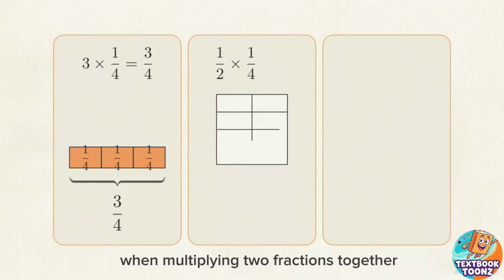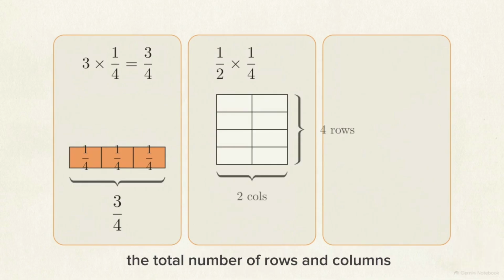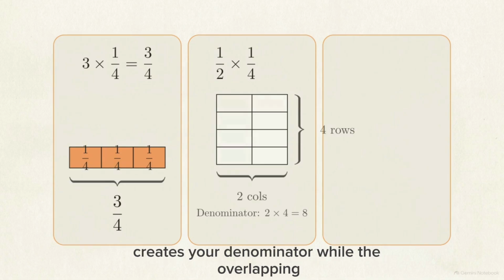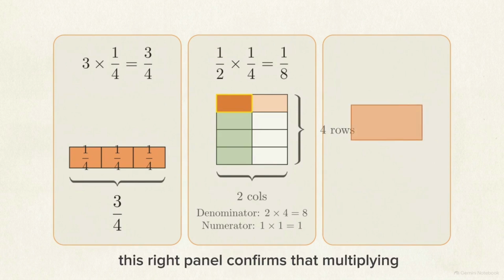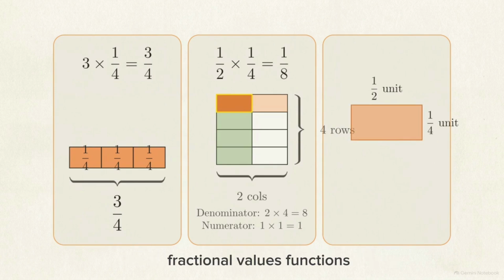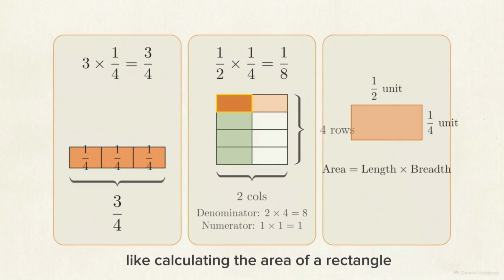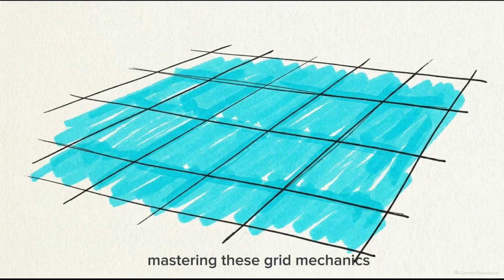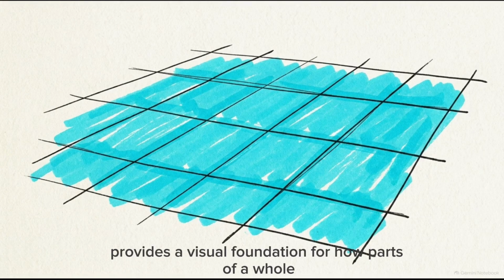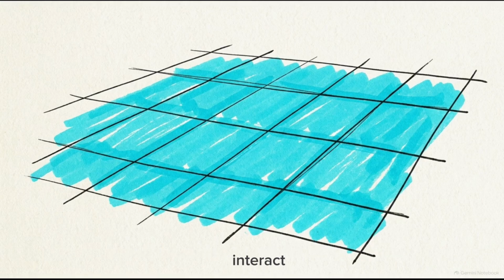When multiplying 2 fractions together, the total number of rows and columns creates your denominator, while the overlapping double-shaded pieces create your numerator. This right panel confirms that multiplying fractional values functions like calculating the area of a rectangle with fractional side lengths. Mastering these grid mechanics provides a visual foundation for how parts of a whole interact.